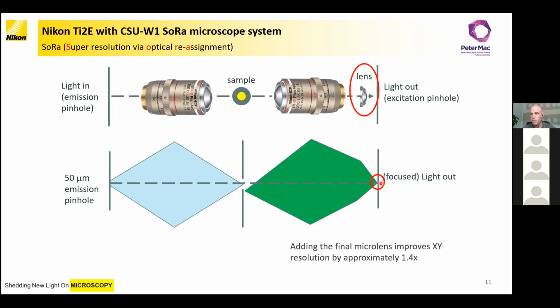Adding this final micro lens gathers more light and improves the XY resolution by approximately 1.4 times compared with just the standard pinhole. So we've got lots of light coming into the sample and we get more of it coming out. You're able to increase the signal to noise, it improves the contrast, and it makes it easier to quantify dim and small structures.